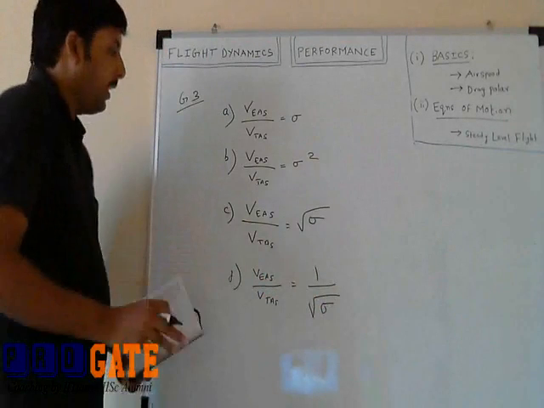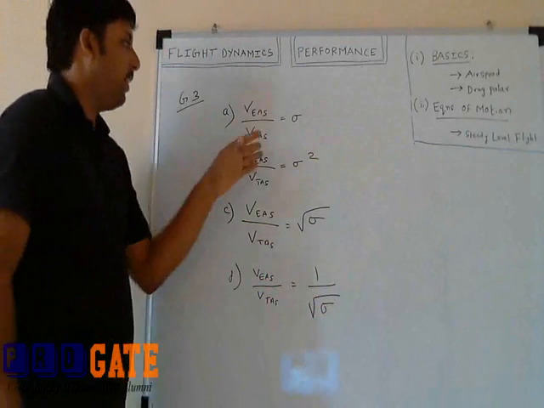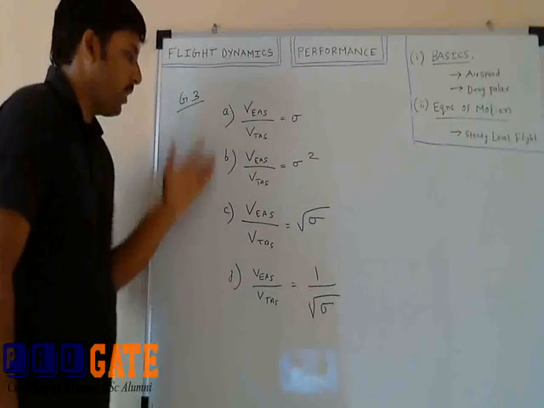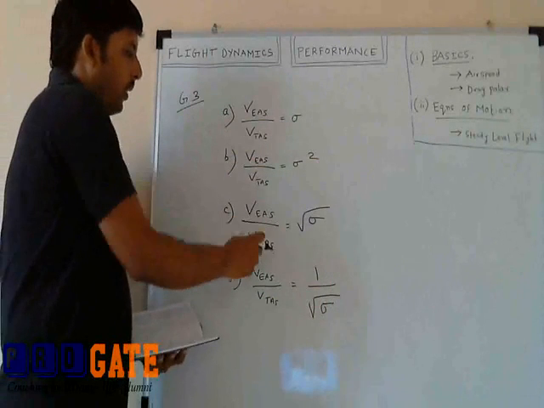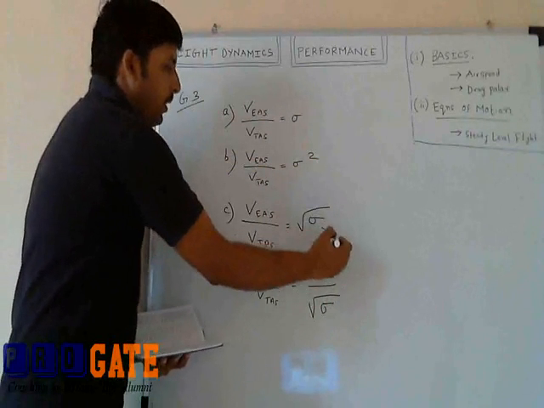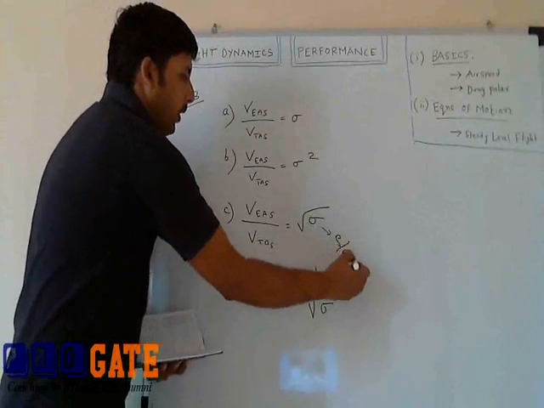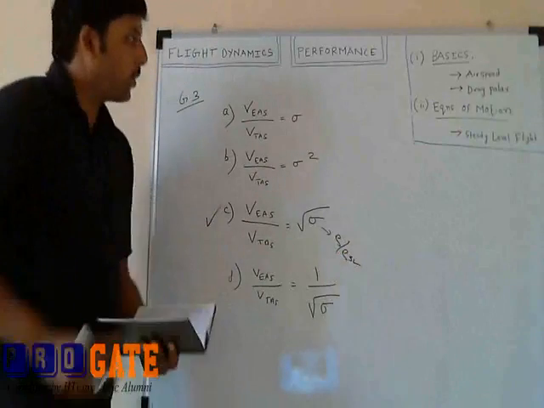So these are the relations between V EAS and V TAS. And they have asked which one is correct. We all know equivalent airspeed is root of sigma into V TAS, where sigma is rho by rho sea level. So this one is correct.